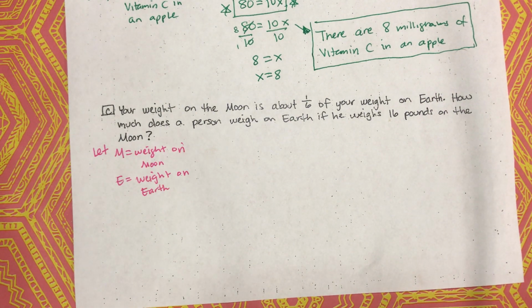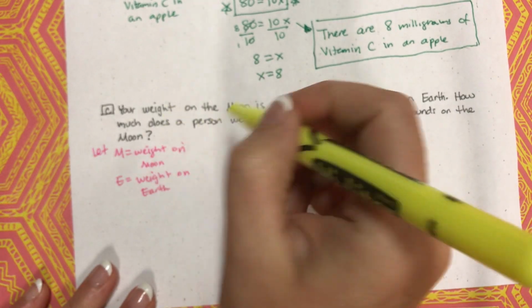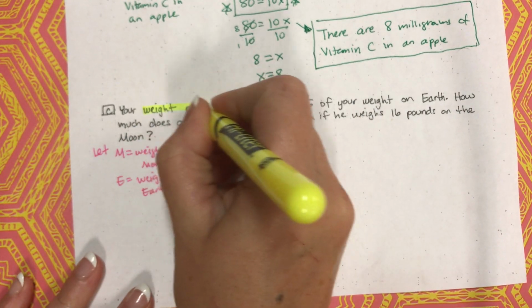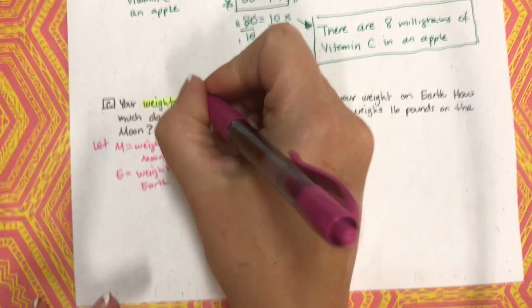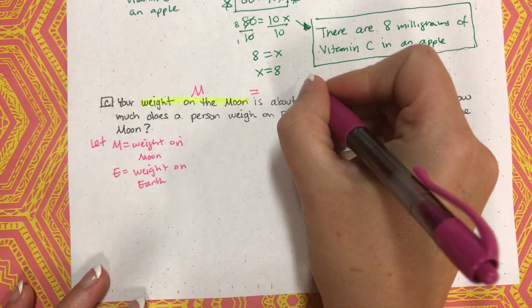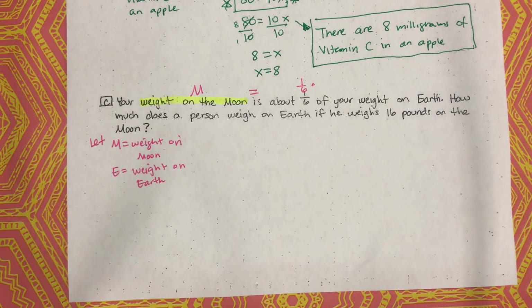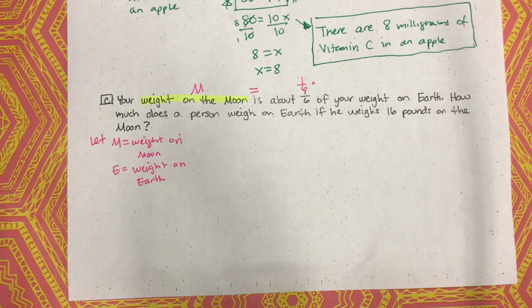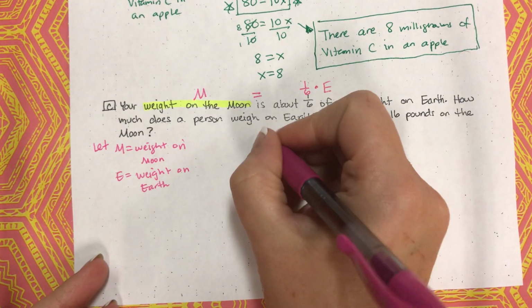But let's go ahead and find the equation. It says your weight on the moon. So weight on the moon, what variable do we have for that? M, right? So M equals about 1/6 of, which means times, your weight on earth. And remember, our weight on earth, we're using E. So there's our equation right there.